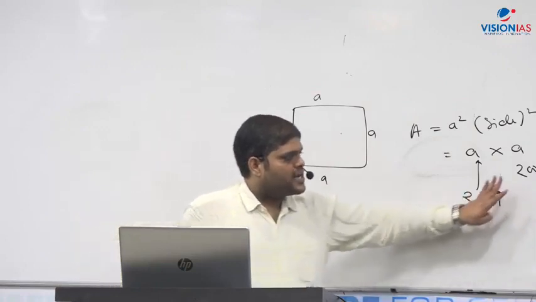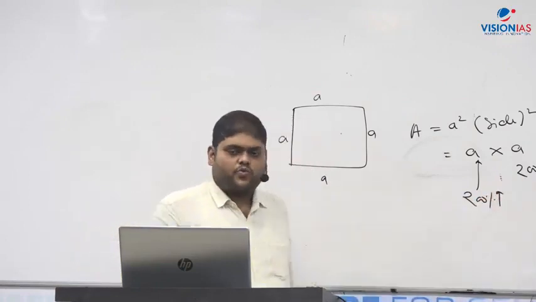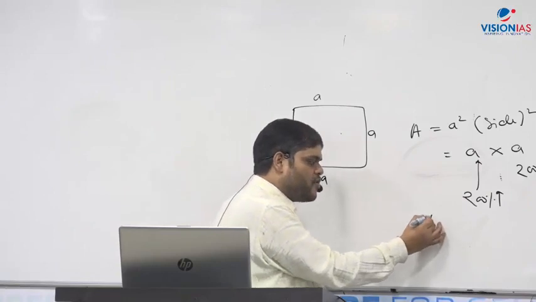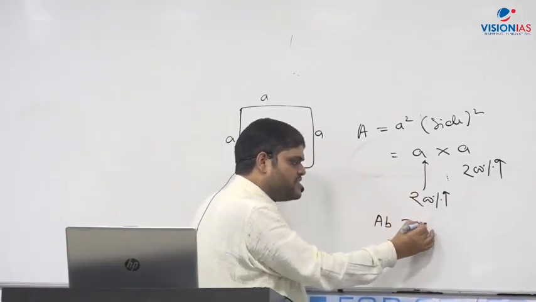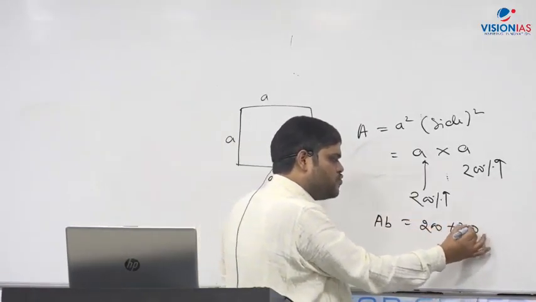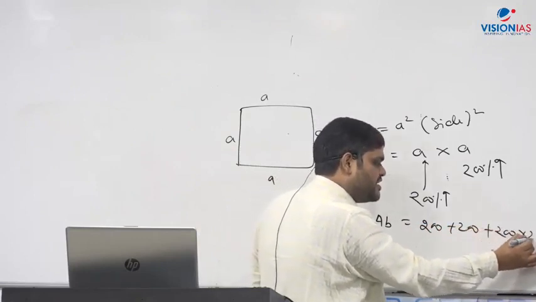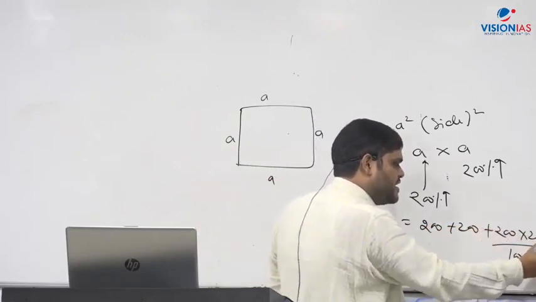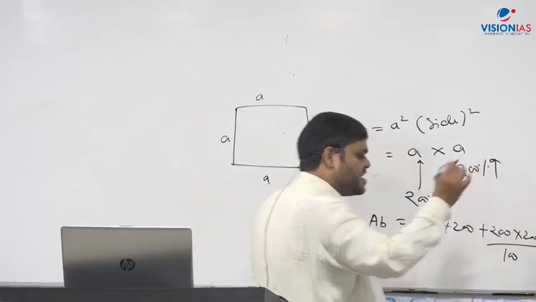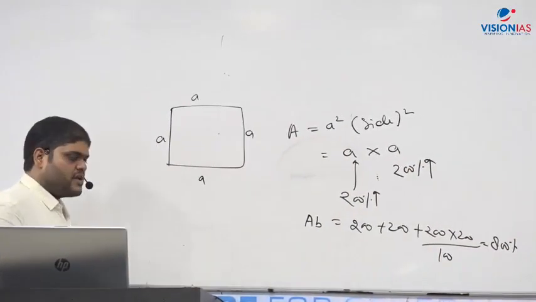Now if these two are increased by 200%, one way was to apply the AB formula. So the AB formula will say 200 plus 200, plus 200 into 200 upon 100, and if you solve, there is an increment of 800%. This is one way to solve.